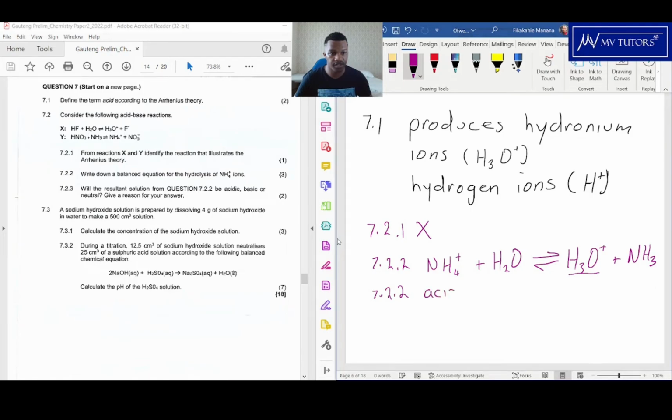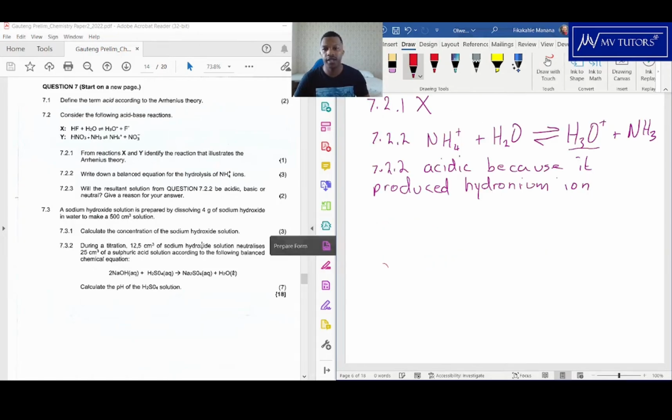So acidic because it produced hydronium ions. Okay, let's do 7.3 now.